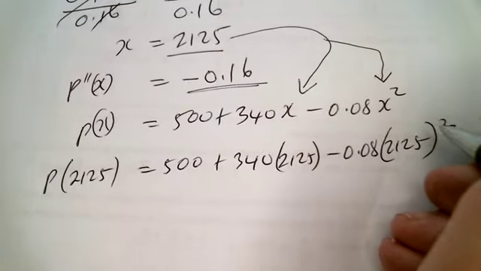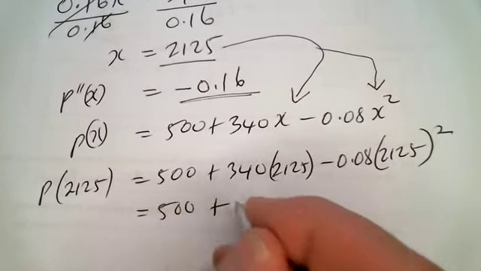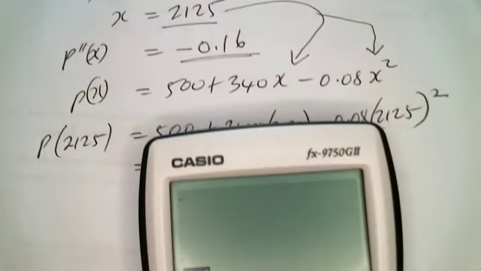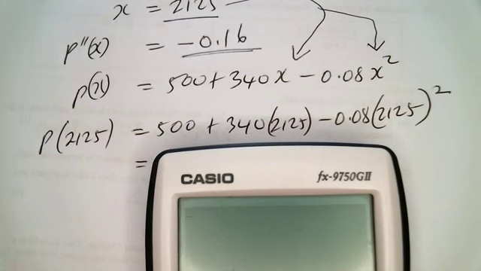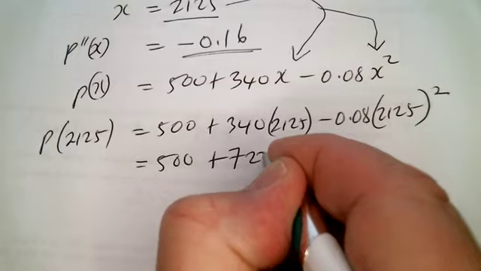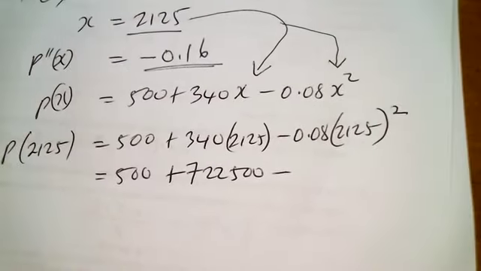Okay, so I'll do this in sections because this could be quite big otherwise. So it's going to be 500 plus, so we've got 340 times 2125. That is 722,500. Minus, and we've got this bit here.